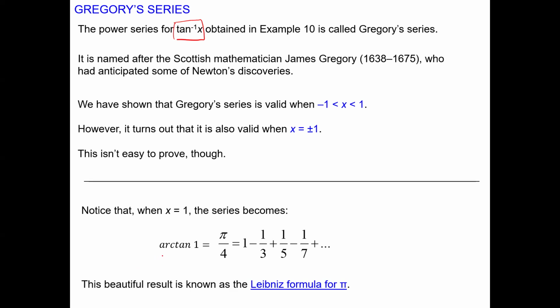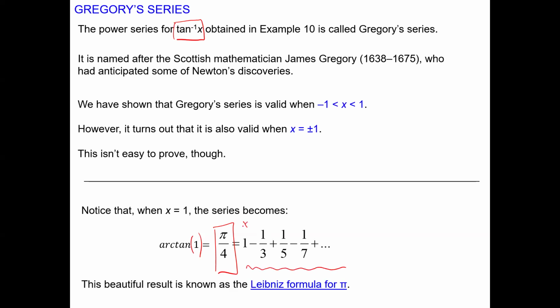First of all, this formula is called the Gregory series. But we can see when x is 1, arctangent of 1 is pi over 4, and we may approximate pi over 4 like this.